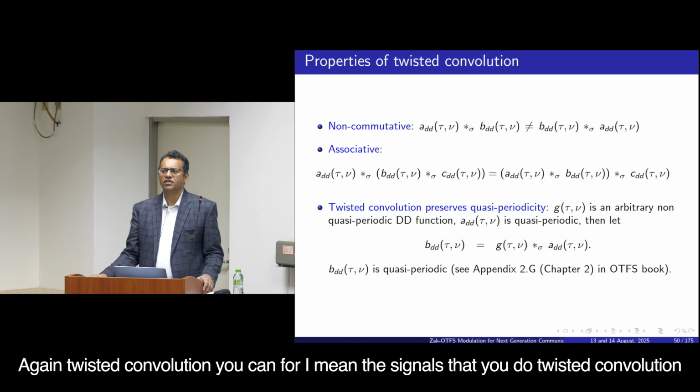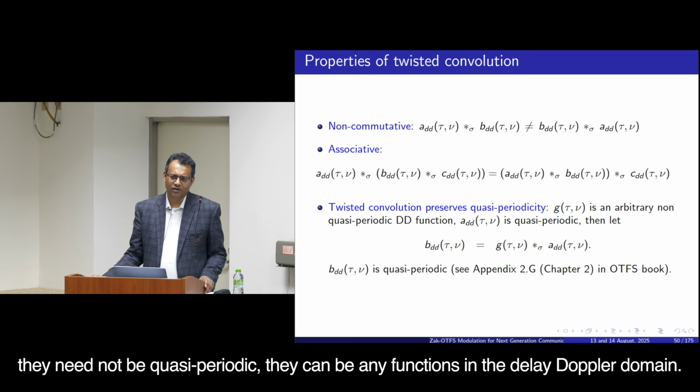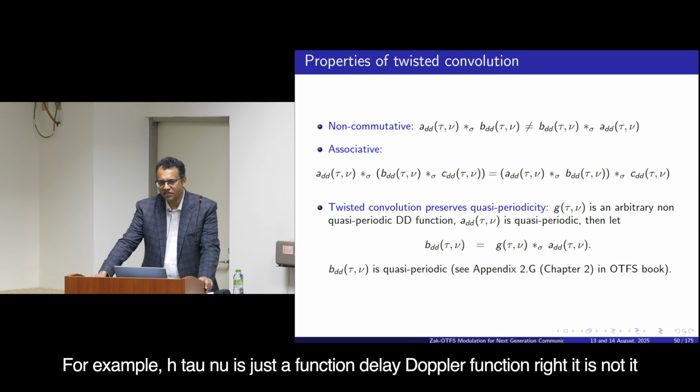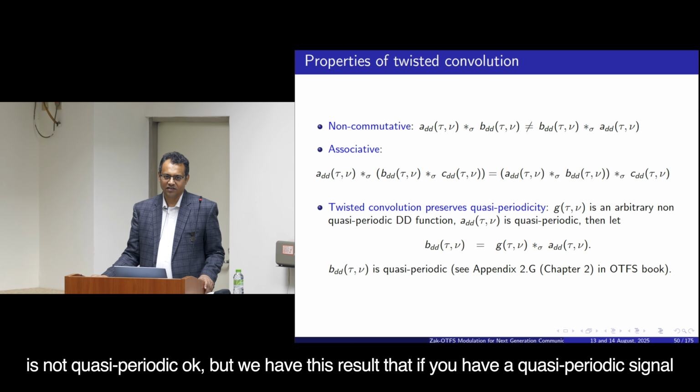Again, twisted convolution, the signals that you do twisted convolution on need not be quasi-periodic. They can be any functions in the delay-Doppler domain. For example, h tau nu is just a delay-Doppler function, right. It's not quasi-periodic, okay.